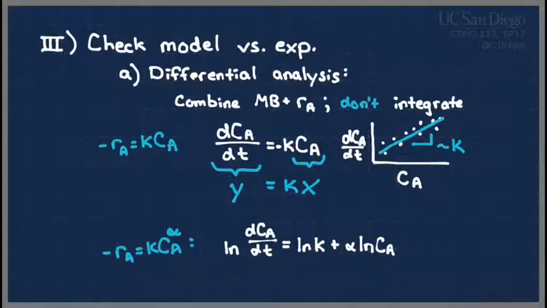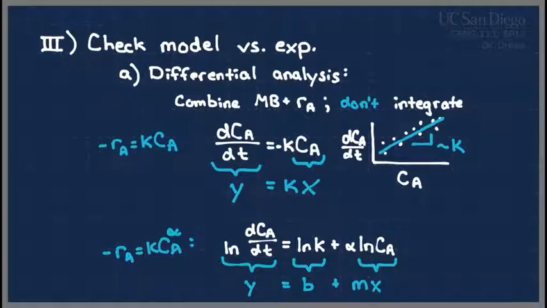This still has a linear form, except now what goes on the y-axis is log dCA/dt. ln of k represents your intercept b, and ln CA represents x. So then you've got a slope of m, or in this case, alpha. So it still has that linear form.